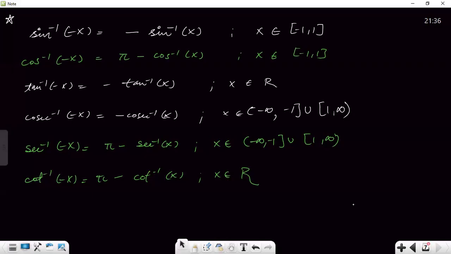Why? Sec theta is equal to 1 by cos theta, and cot theta is cos theta by sin theta. So cot theta is predominantly dependent on cos. This is how you can make a logic, and you can remember that these three are different. Okay, clear? Is there any difficulty in understanding these?